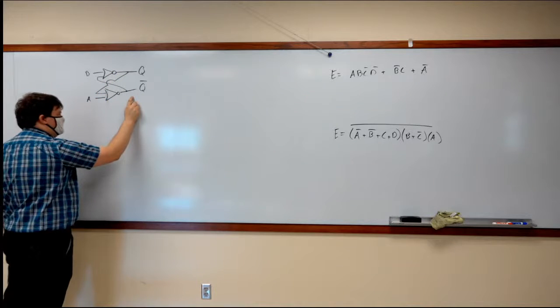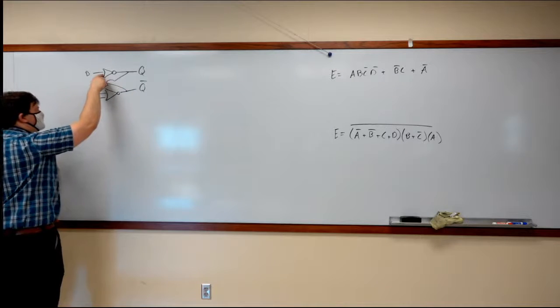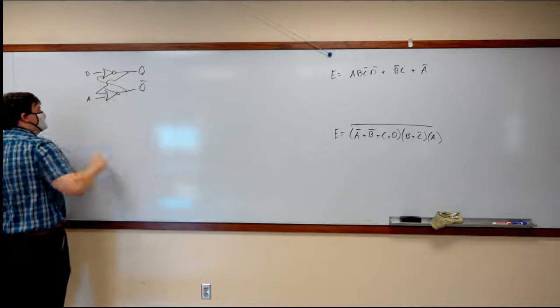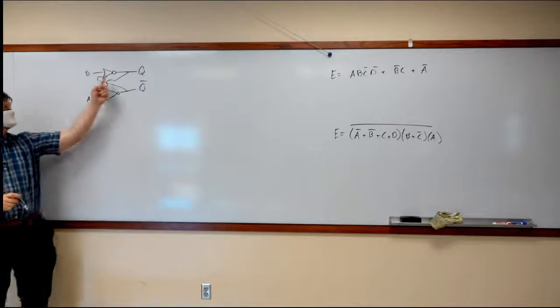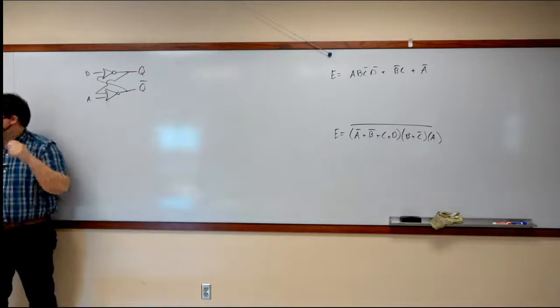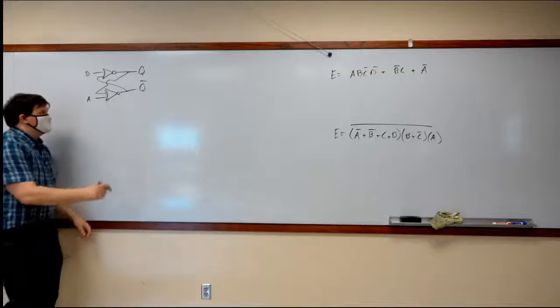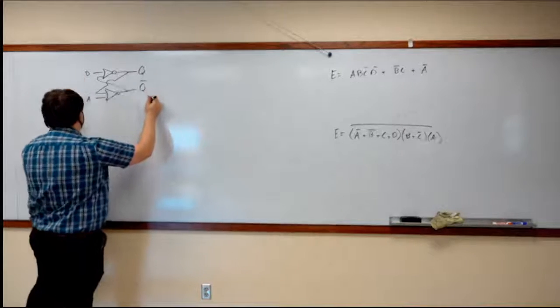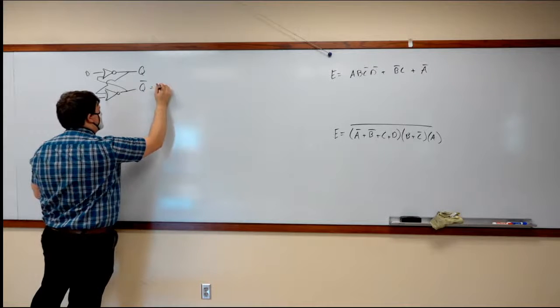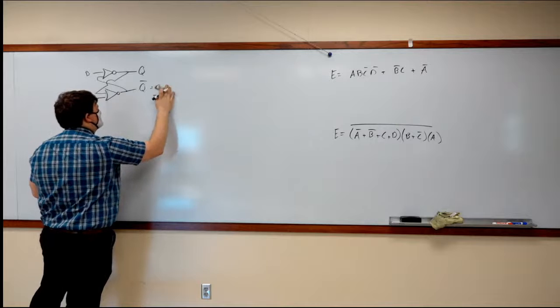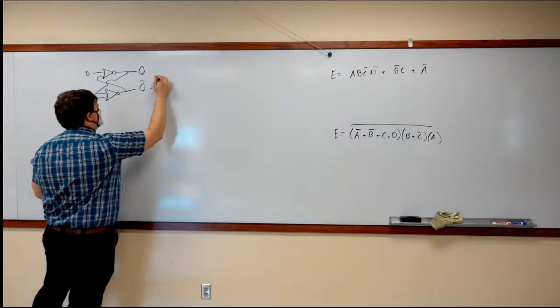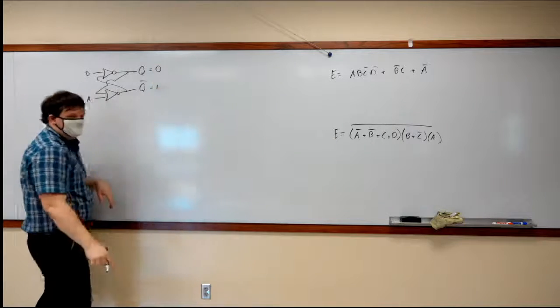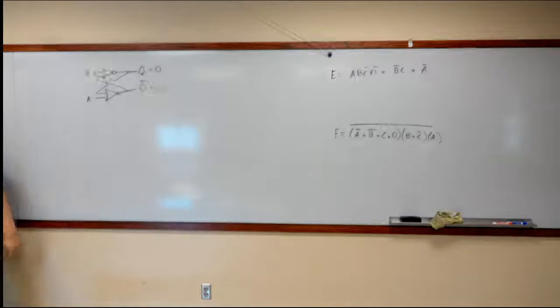This produces a 1. 1 goes up here, goes into here. Because there's a 1 that goes into a NOR gate, that makes this 0. So your output here is if A and B are equal to 0, this is equal to 1, and this is equal to 0. Right?